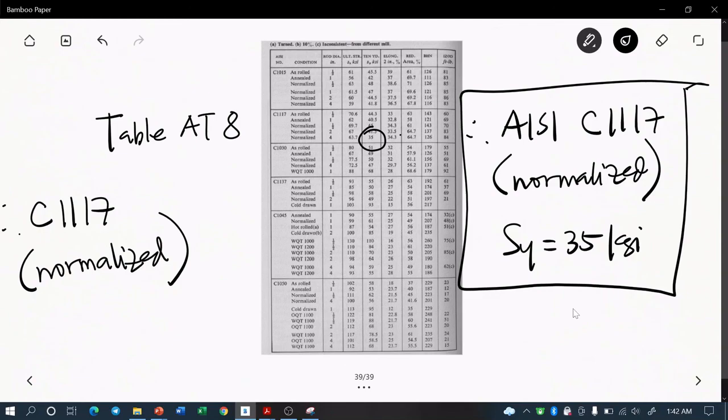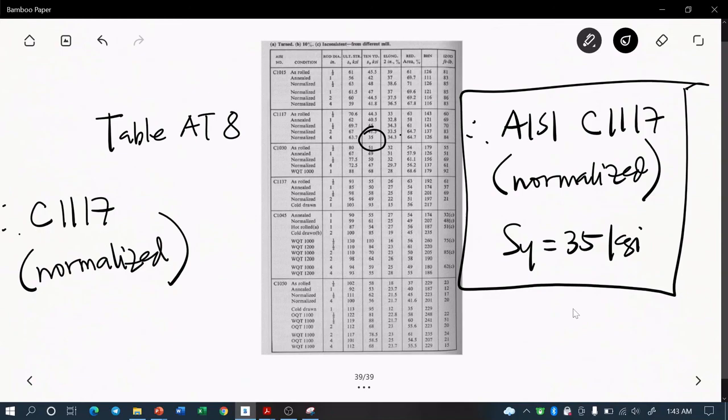For the equivalent yield strength in shear, we use the suggested ratio of 0.6 Sy equal to S sub ys, and thus we were able to get the S sub y, and we computed that S sub y is equal to 24 ksi.